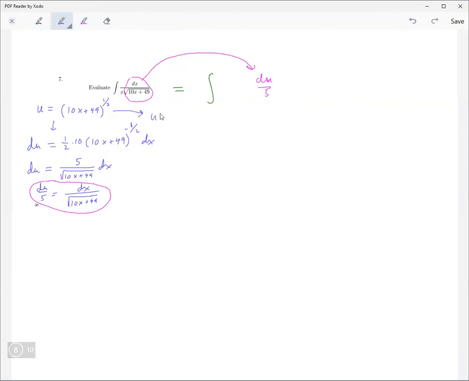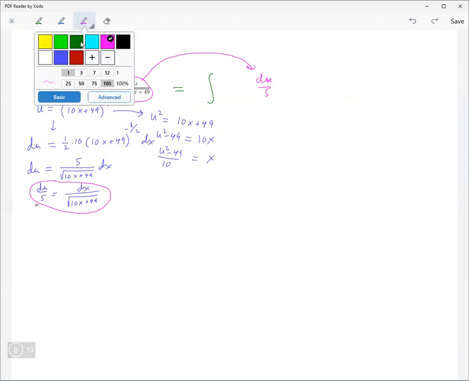Okay, now the other thing is this part right here. If I square both sides, I get u squared is 10x plus 49. So that means that 10x is equal to u squared minus 49. So x would be u squared minus 49 over 10.